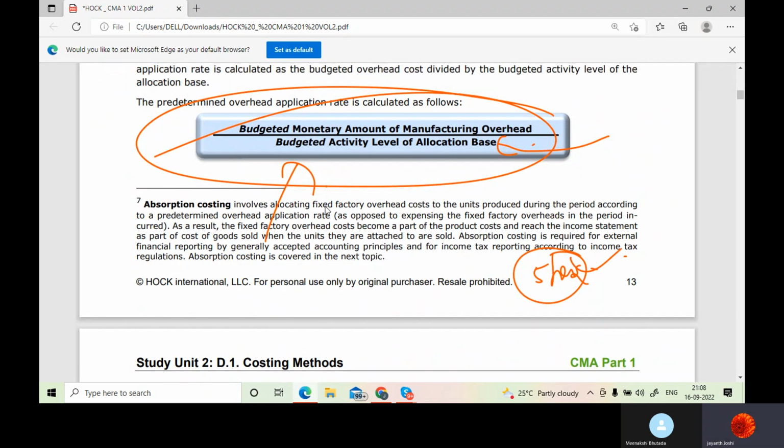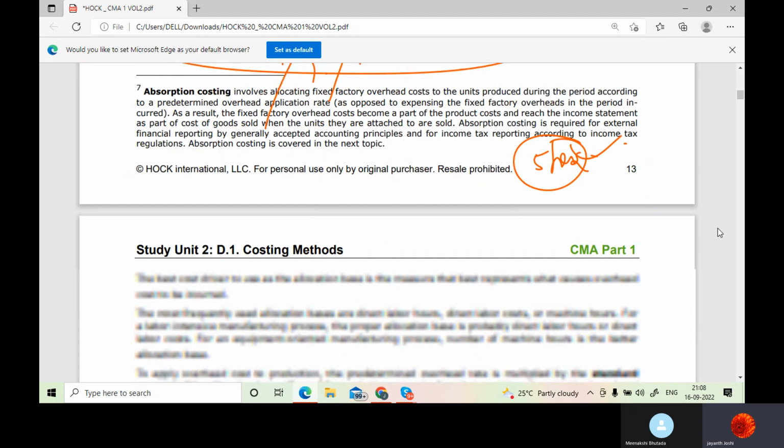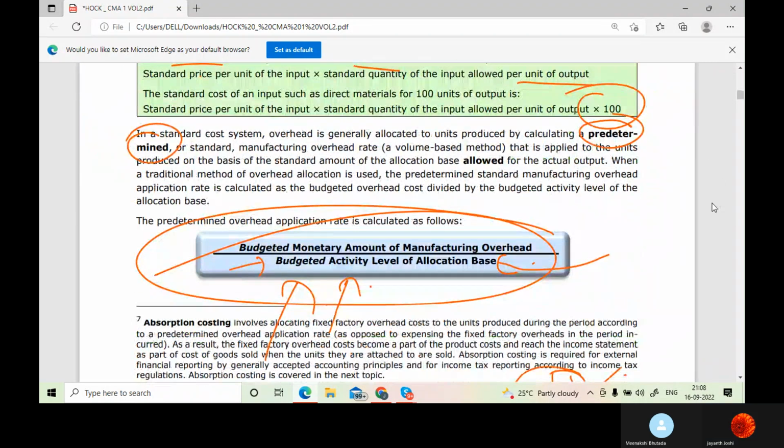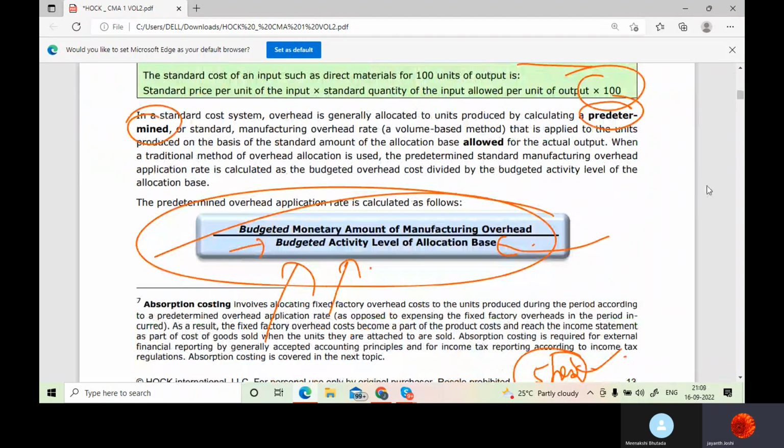But here the overhead comes as application only. Why? Because you divide by the allocation base and find out the overhead rate applied. That's why they are using the term overhead applied. So how do you get the applied overhead rate? The predetermined overhead rate or applied overhead rate comes from this formula.